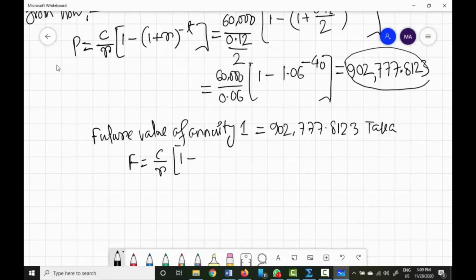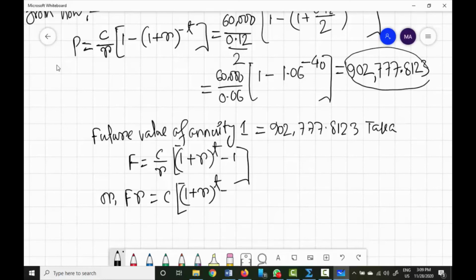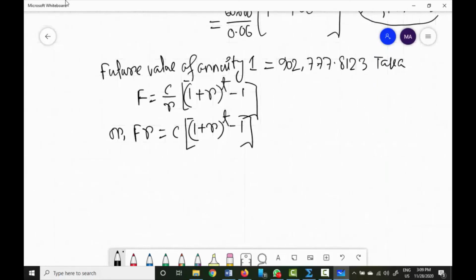1 plus r power t minus 1, that's the formula. So let us do cross multiplication. Fr is equal to C into 1 plus r power t minus 1, right?